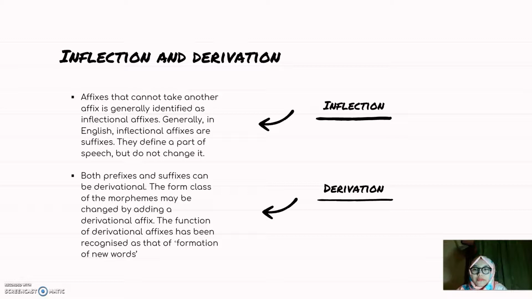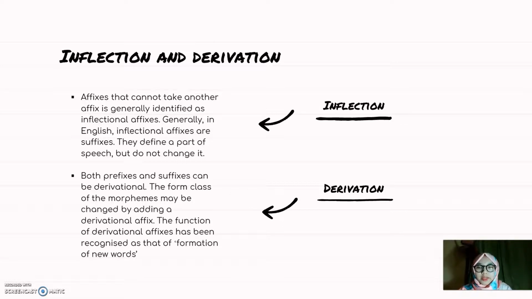Derivation. Both prefixes and suffixes can be derivational. The form class of the morpheme may be changed by adding a derivational affix. The function of derivational affixes has been recognized as that of formation of new words.